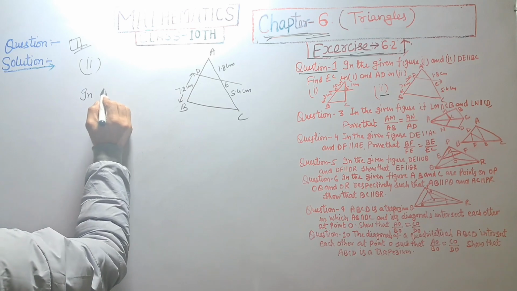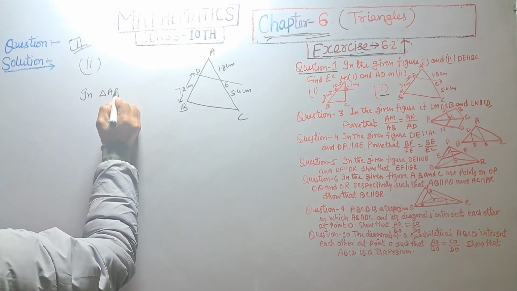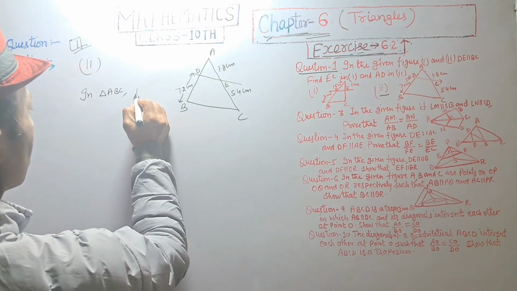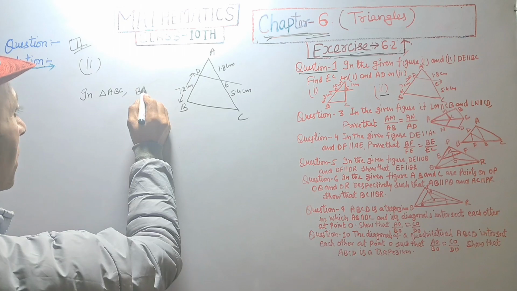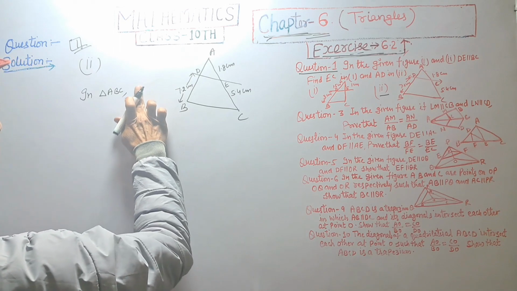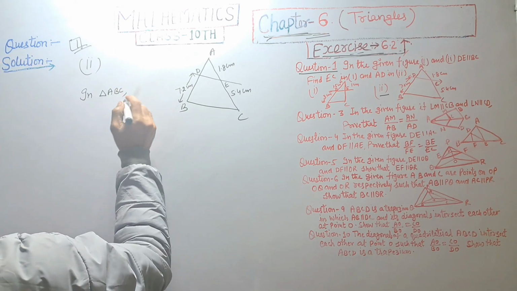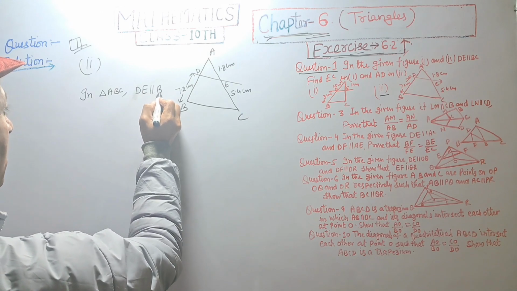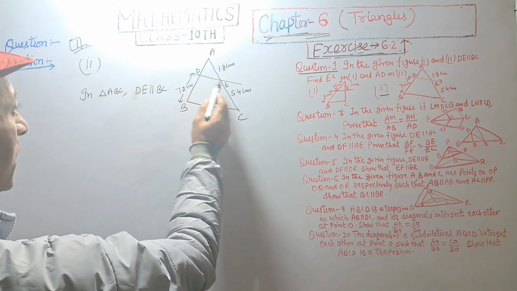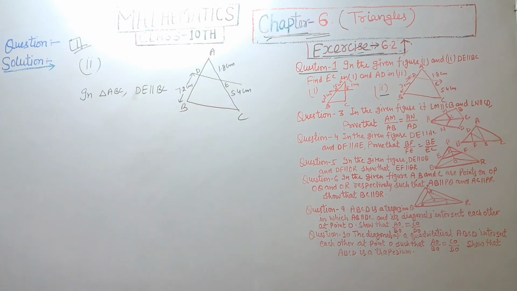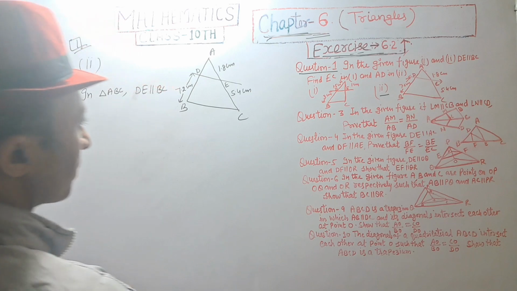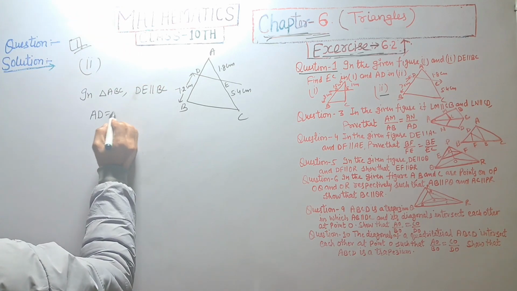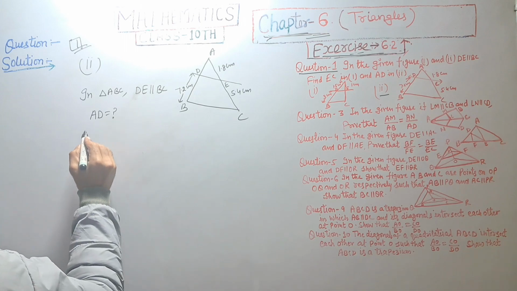In triangle ABC, DE is parallel to BC. AD we want to find.